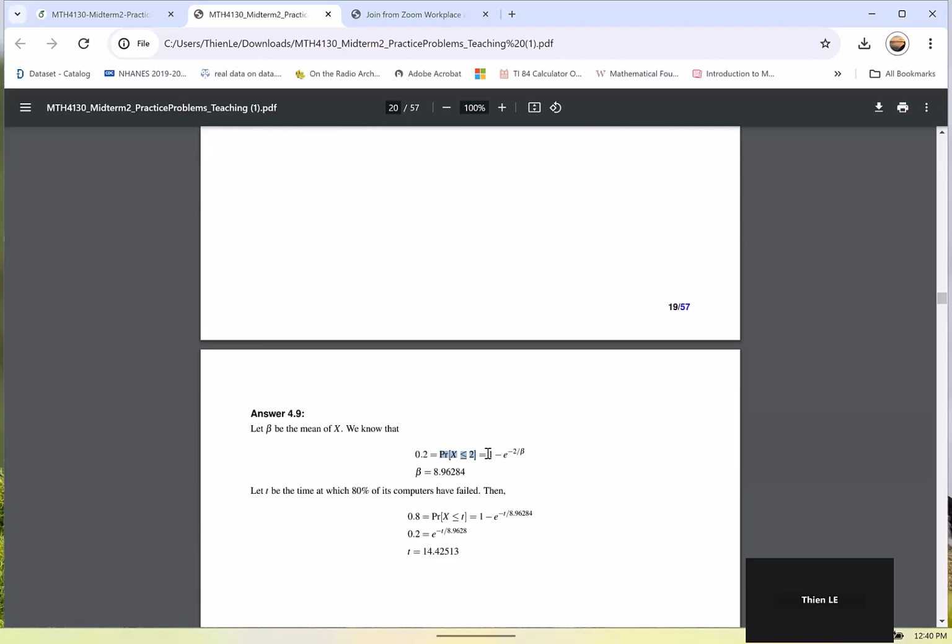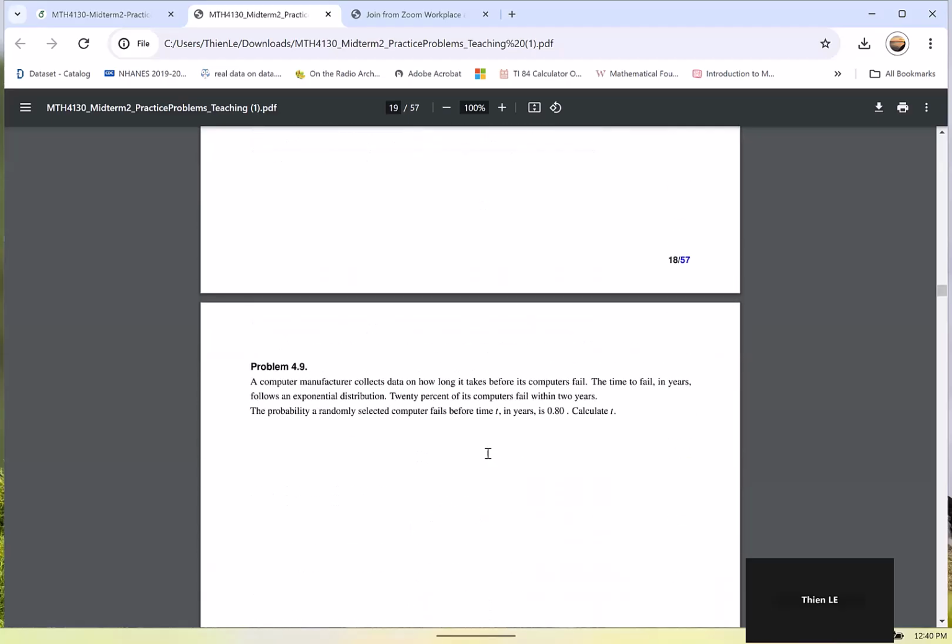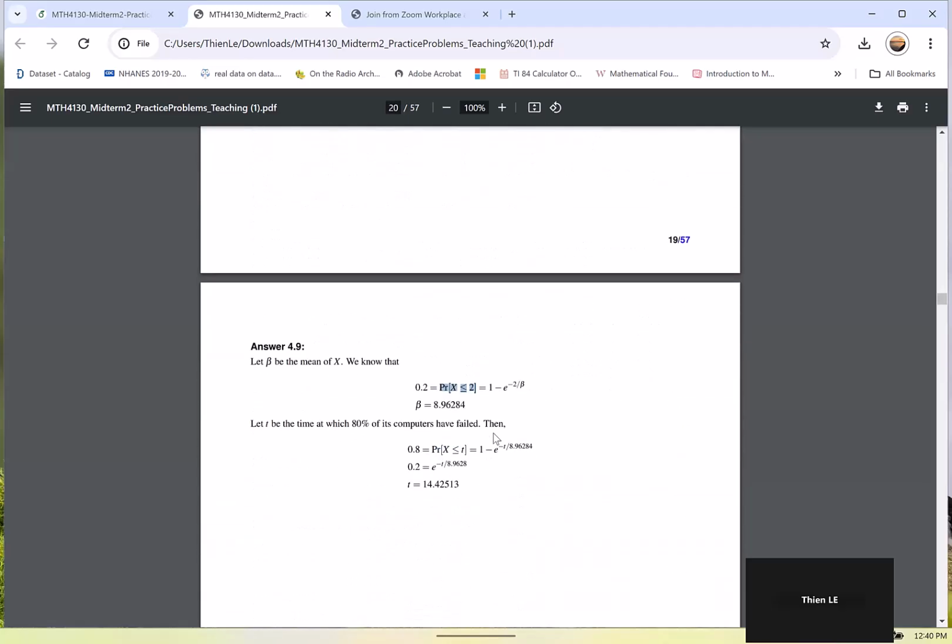And we know that we model it by the exponential, so this is nothing else than the CDF function of the exponential. If beta is the mean, from that you can find the mean beta of the exponential. So the exponential can be specified if you can find the mean beta, right?